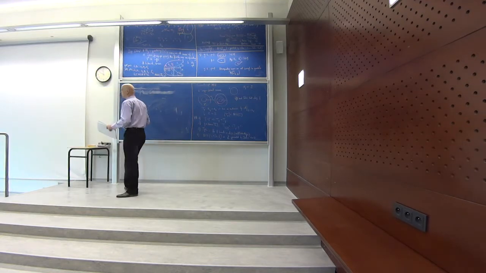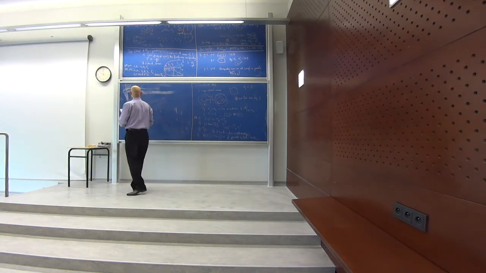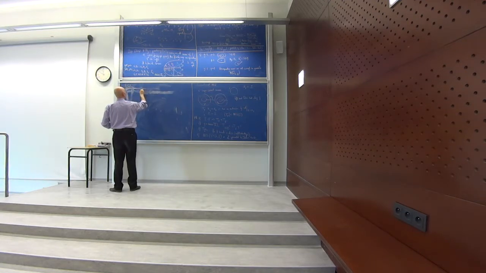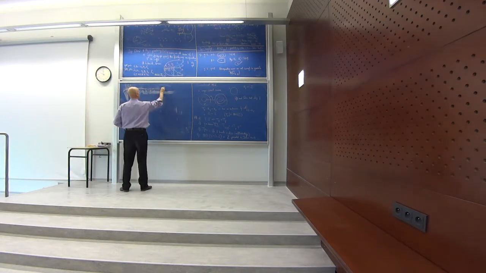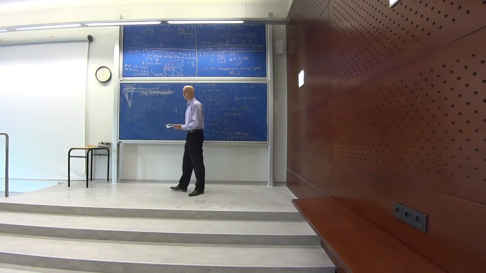In the braid case, you have two types of relations. Those which are commutativity, so I'm putting T alpha T beta equals T beta T alpha if alpha intersection beta is empty, and I'm having T alpha T beta T alpha equals T beta T alpha T beta if alpha intersection beta equals 1. These are braid relations.